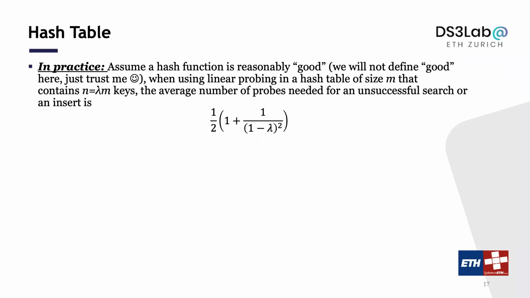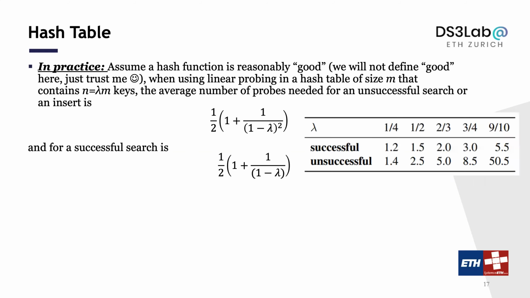Lambda is the filling factor of your hash table, which means how many buckets are actually filled. The average number of probes that you need for an unsuccessful search or an insert is this, and the number of probes for a successful search looks like this.